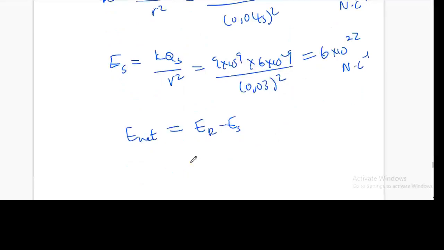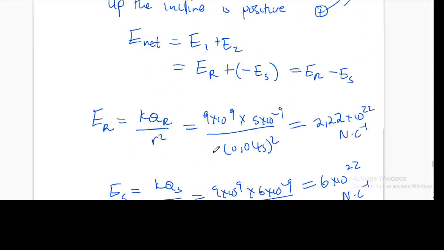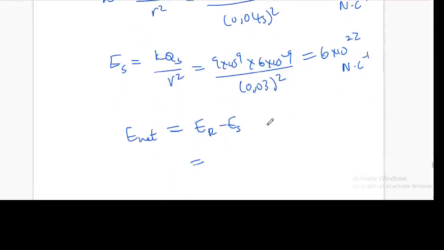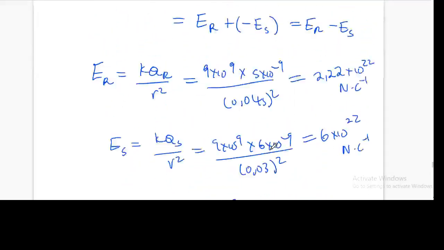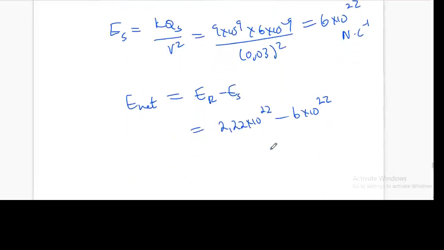So it's 2.22 times 10 to the power 22 minus 6 times 10 to the power 22. 2.22 minus 6 gives negative 3.78 times 10 to the power 22.